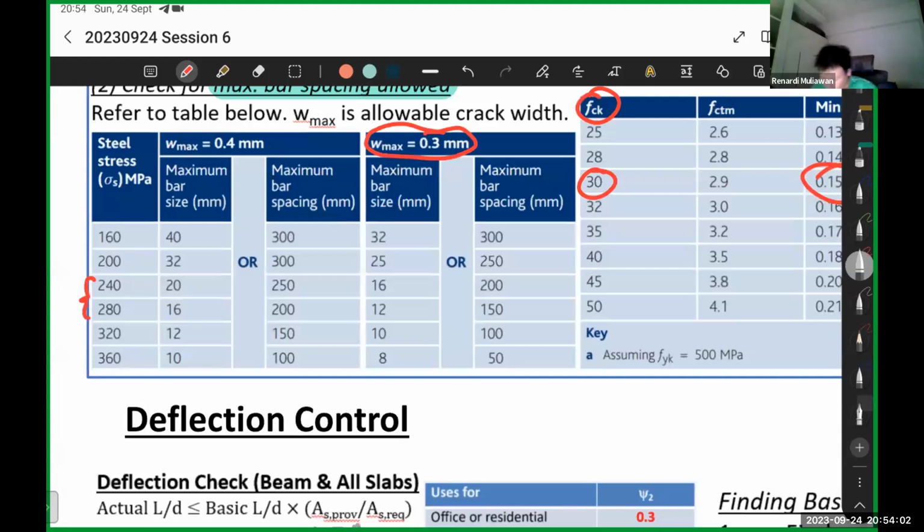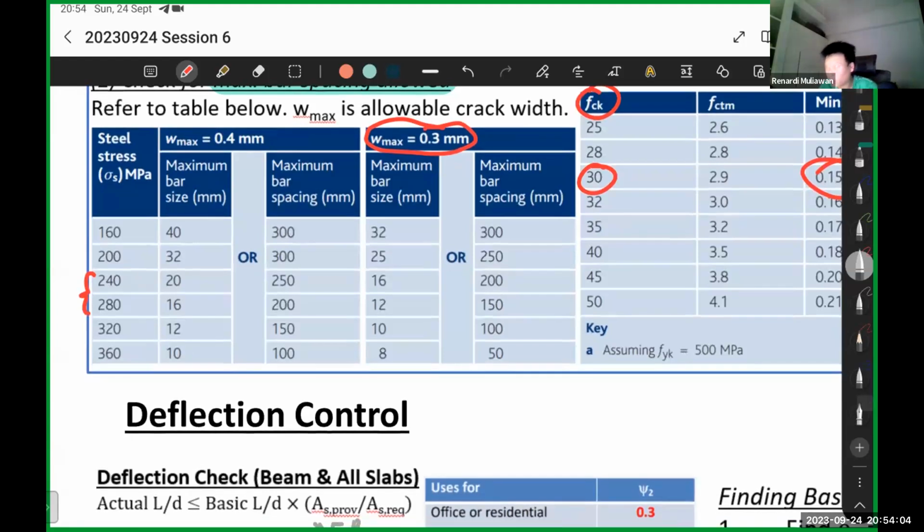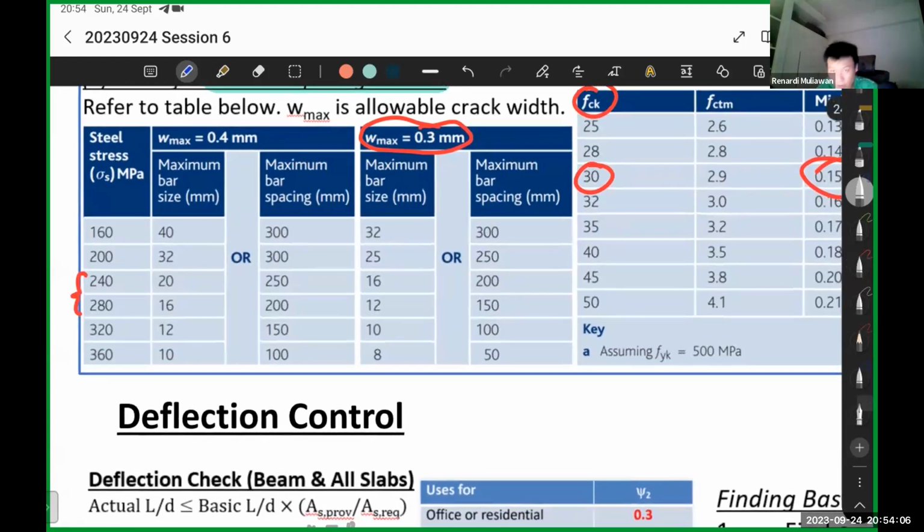So we can do interpolation. 260 is roughly in the middle, so I'll just take the average between the two. I'll use the value 14 and the value 175, just because 261 is roughly in the middle.